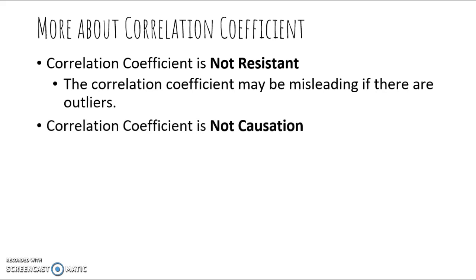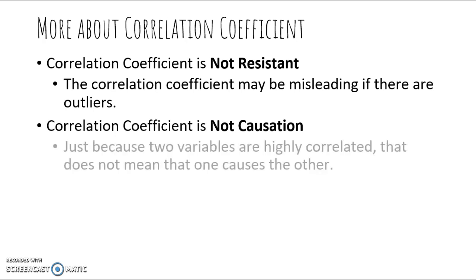What this means is even if you see there's an association between two variables such as the size of the house and the cost of the house, even if you see there is association, which we saw there was definitely a positive association, that does not mean that one causes the other. It doesn't mean that the size of the house causes the cost. Now, it's associated, but it's not causation.